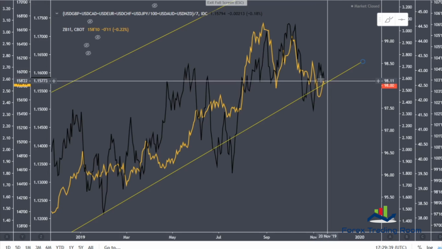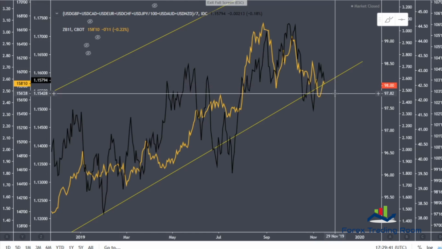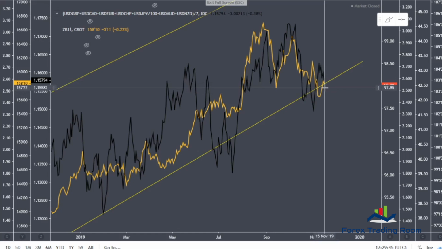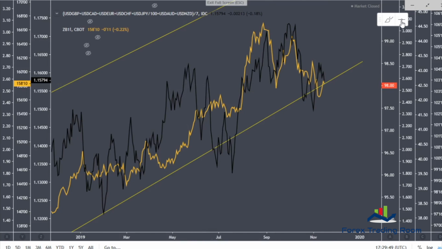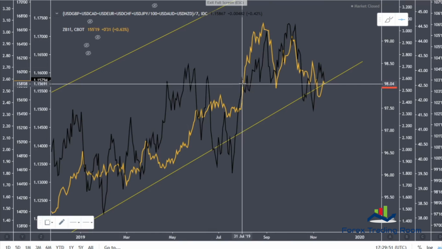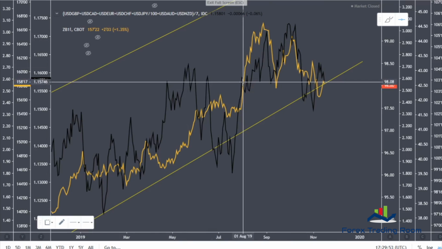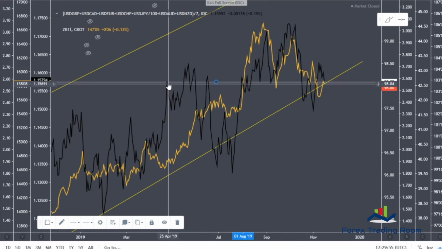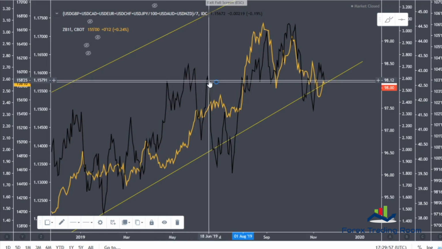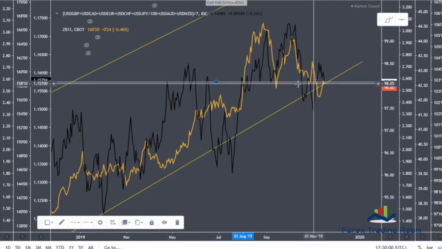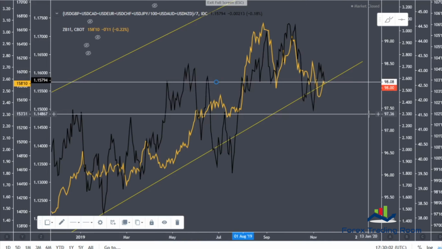So at the moment, this is the key area that everybody's looking at and waiting for some sort of breakout. We can draw a line just to highlight this area where everyone is waiting. Here, around here, we can see the market's been bouncing around. We're just waiting for this clear confirmation.